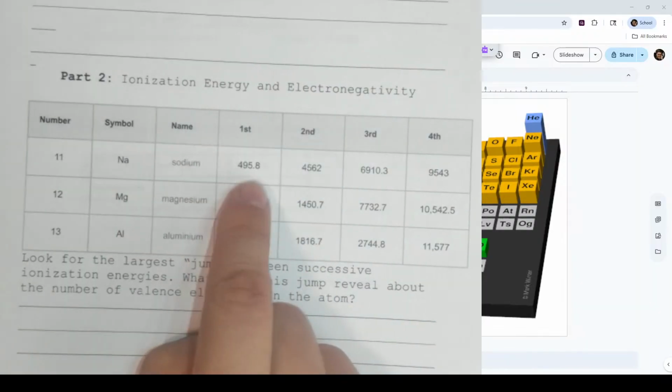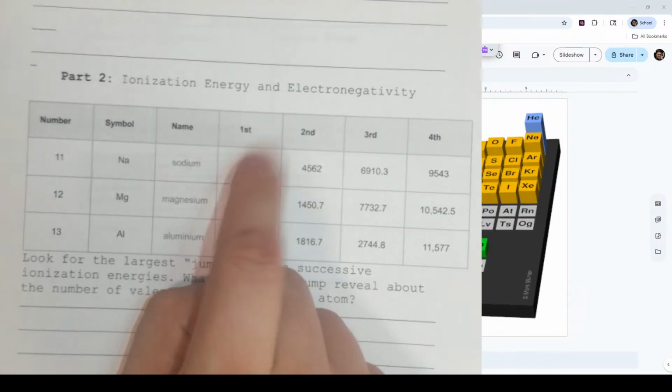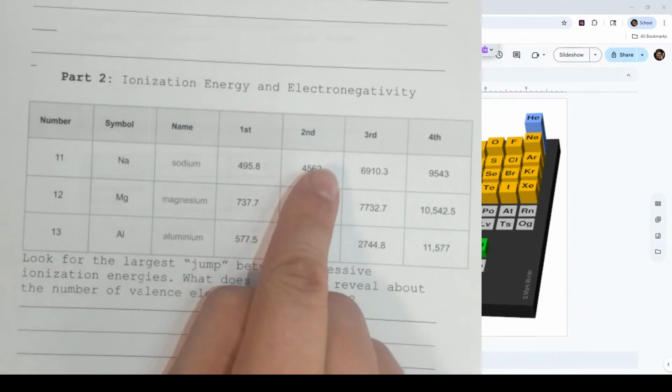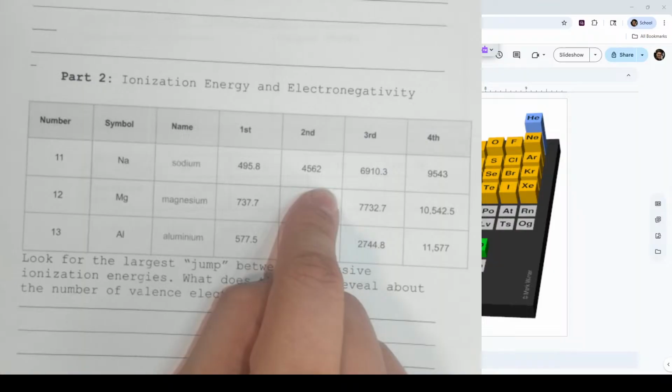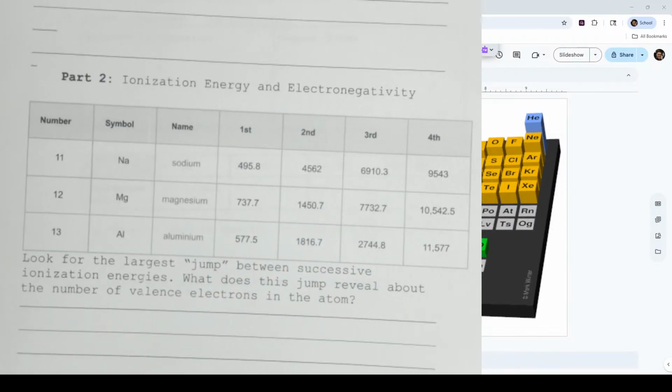But sodium has 495.8 kilojoules per mole for the first ionization energy, the energy required to remove one electron. And then to remove the second electron, it requires 10 times that: 4,562 kilojoules per mole. So hopefully I'm answering your question at this point.